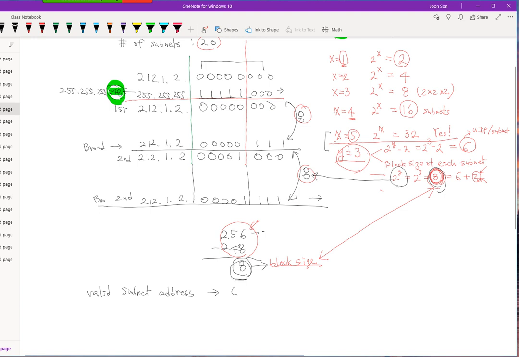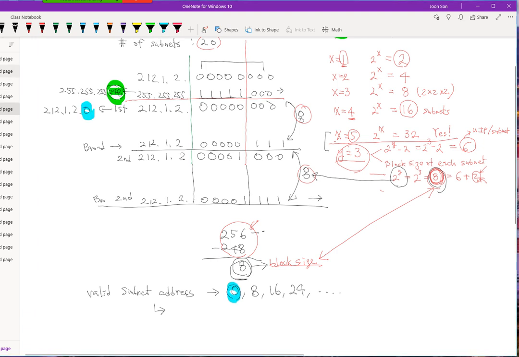So that means 0, 8, 16, 24, and so on. So your first network address is 212.1.2.0, right?